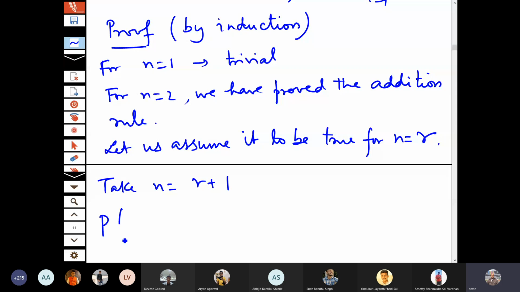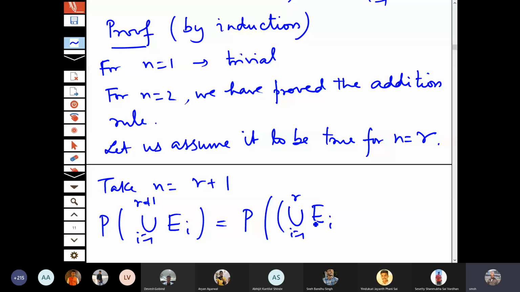So what is the probability of the union of Ei, i equals 1 to r plus 1? We write it as the union of Ei, i equals 1 to r, union E r plus 1.